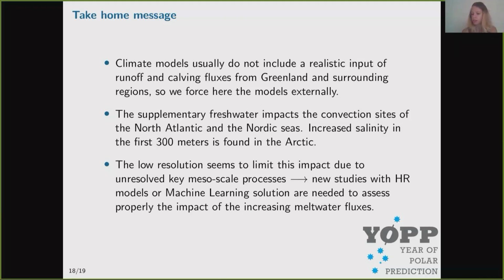Here's my take-home message. We are forcing our climate model externally with a realistic input of freshwater forcing from Greenland ice sheet melting, and we observe an impact on the convection processes and an increase of the Arctic salinity. We believe that low resolution is a limiting factor to assess the impact of the increase in fluxes. So new studies are needed, and we are considering several directions.